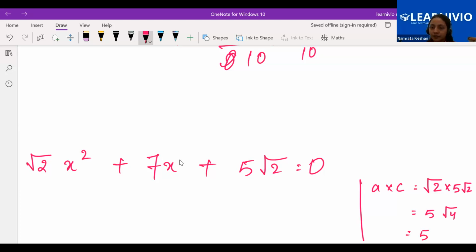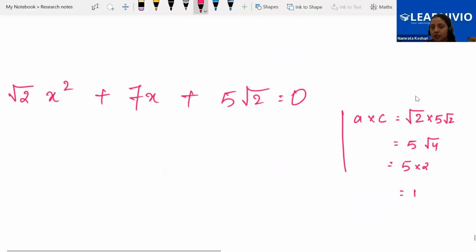Yes, only 2. So can we say it is just 5 into 2, that is 10? Can we? Yes, we can. So far, is it clear, Zoha? Yes. Root 2 into root 2 is only 2. Root 2 into root 2 is root 4, which is eventually giving us only 2. So 5 into 2 is 10.